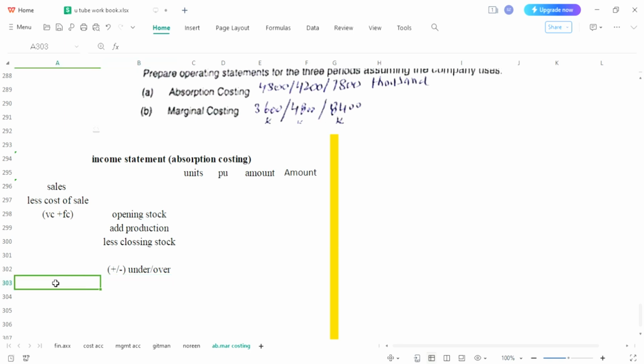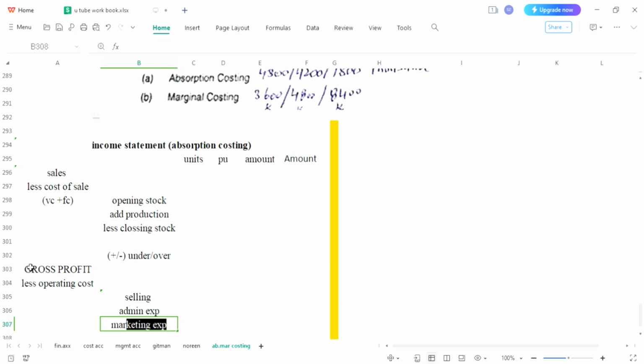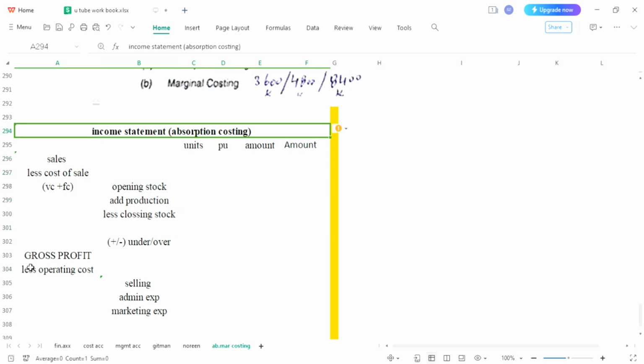This way, after this you can calculate total cost, which would be put over here, and finally we can calculate our gross profit, after which you will be calculating your operating costs. These operating costs might have selling, admin and marketing expenses. So this format will be used to calculate your income statement for the first period, and the same we will take for the second and third periods.